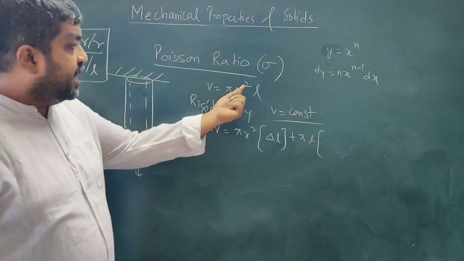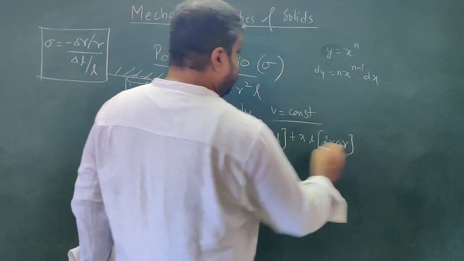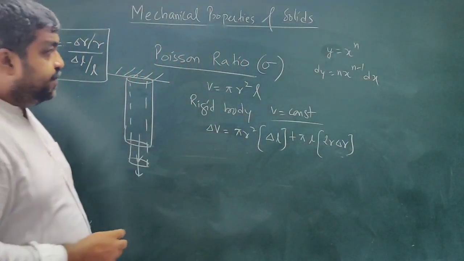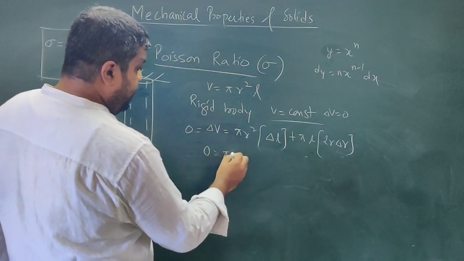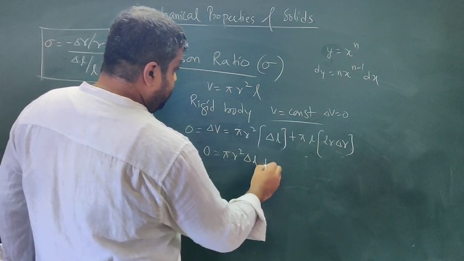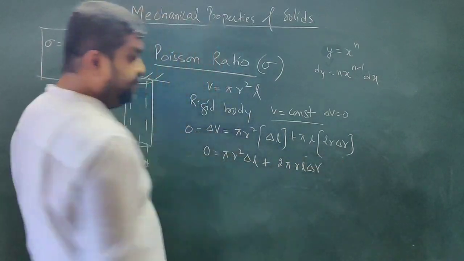Here it is R square, so it becomes twice R delta R. So 0 is equal to pi R square delta L plus 2 pi R L delta R.